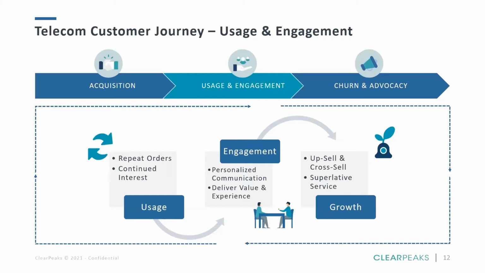After you do this, depending on the engagement metrics and the usage metrics, you can come up with different strategies for upsell, cross sell, or next best action, what kind of service you would need to provide to this particular customer segment or customer, and nudge them towards the growth factor.